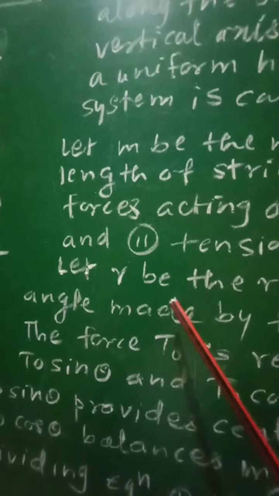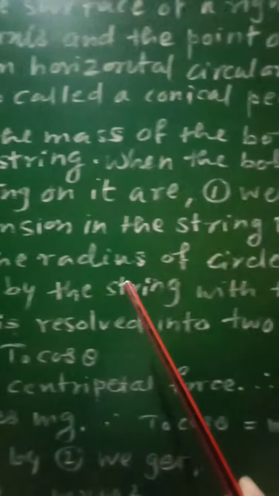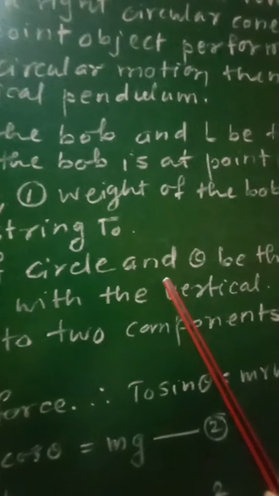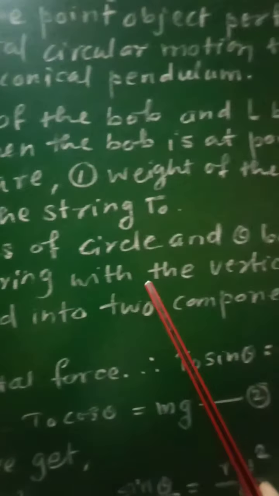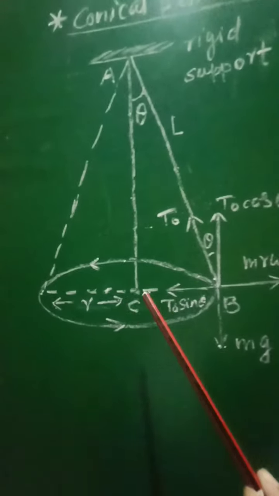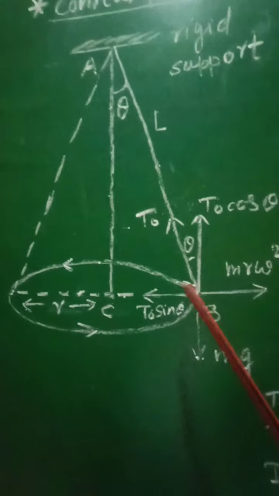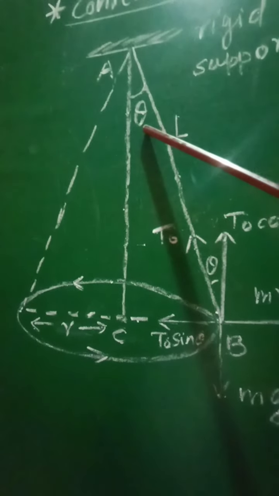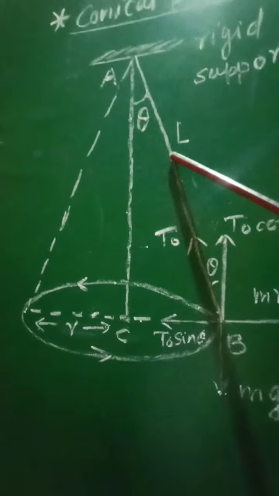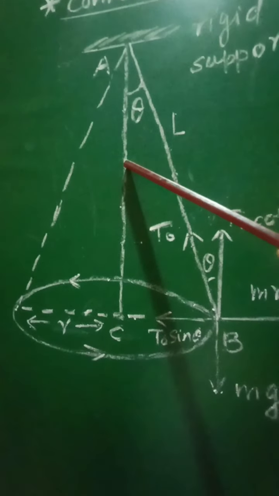Then let r be the radius of the circle and theta be the angle made by the string, that is the length of the string, with the vertical. So in this case, r is the radius of this circular path and theta is the angle made by the length of the string with this vertical.